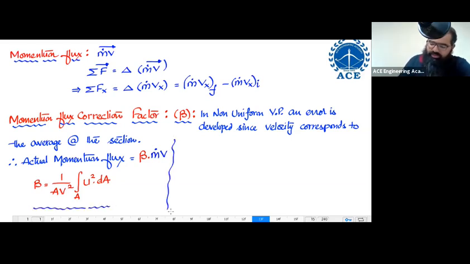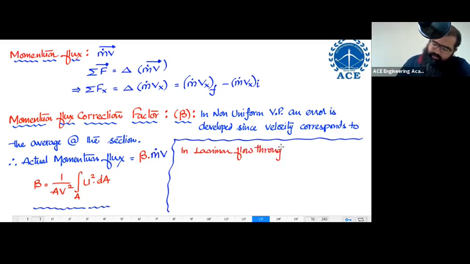Moreover, some results you are supposed to remember. In laminar flow through pipe, the value of beta is equal to 4 by 3. And the value of beta in laminar flow will always be greater than beta in turbulent flow.